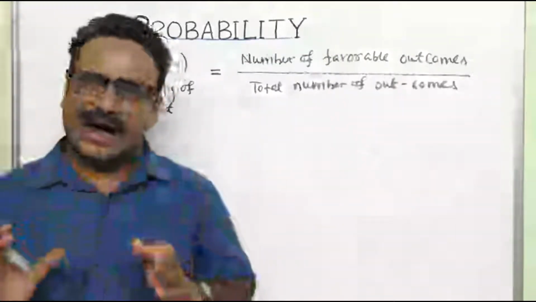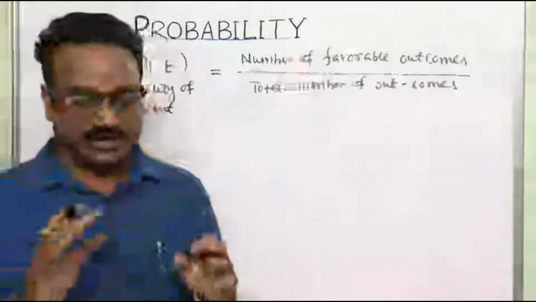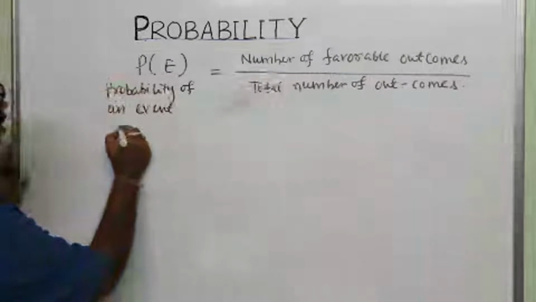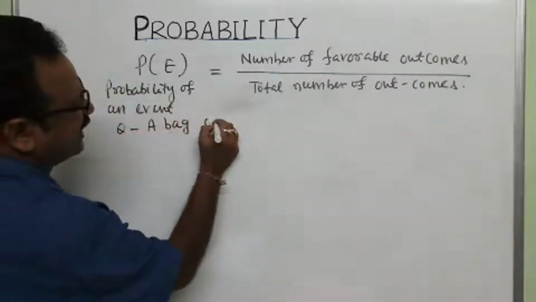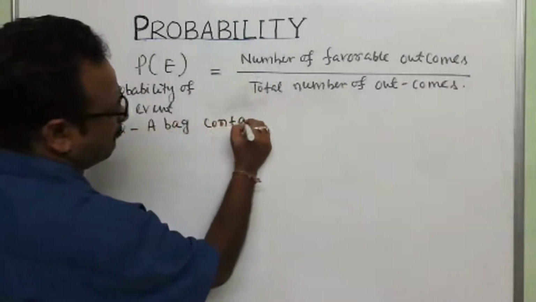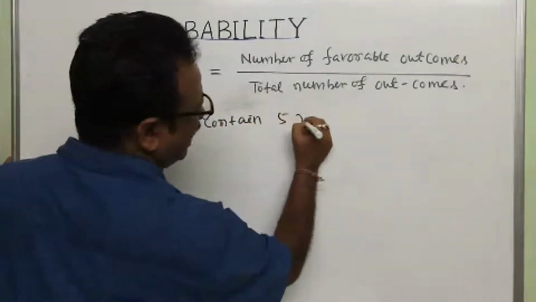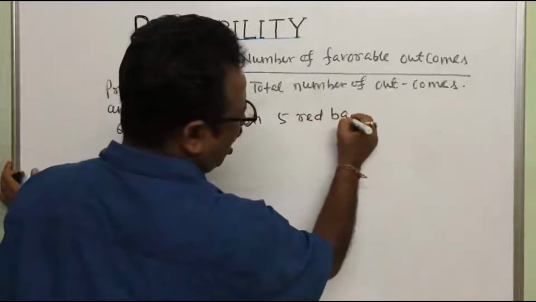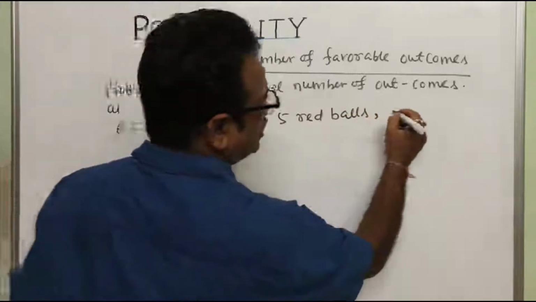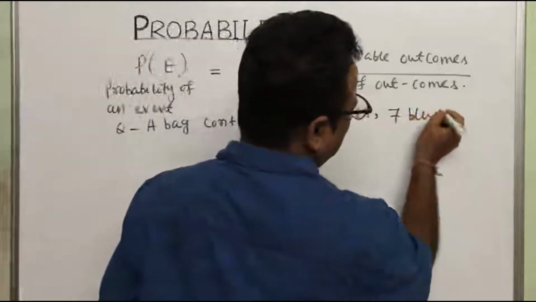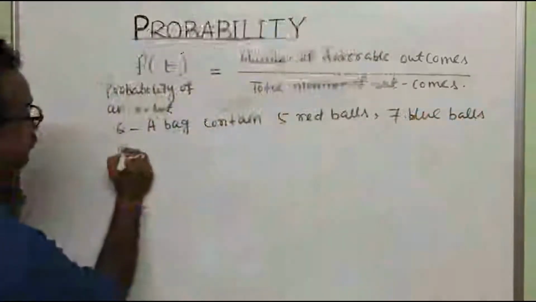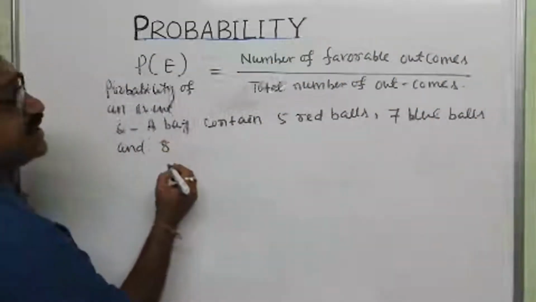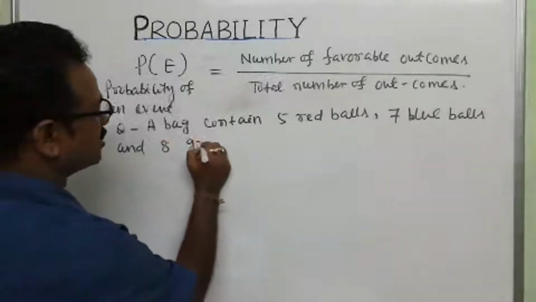So now see, we'll take one example to explain it better. Okay. So now the question is this. A bag contains 5 red balls, 7 blue balls and 8 green balls.